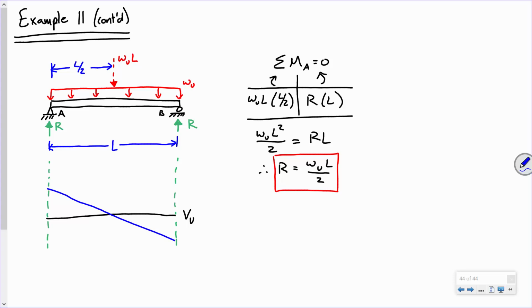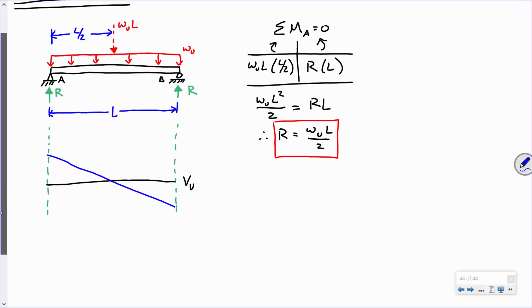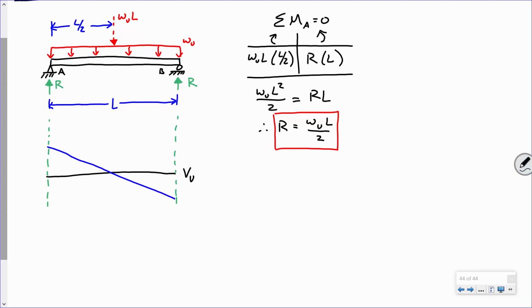And this is a straight line, isn't it? So maybe what I want to do is try and define an equation for that line. Make sense? All right, is everybody with me so far?